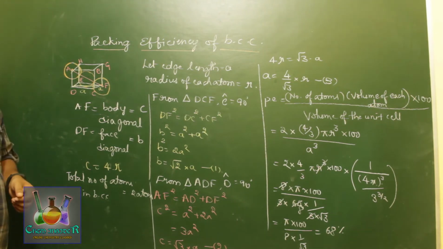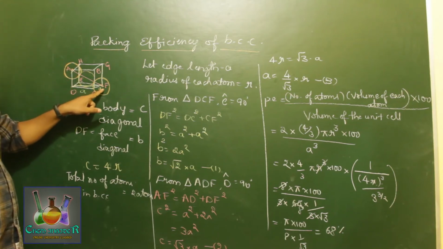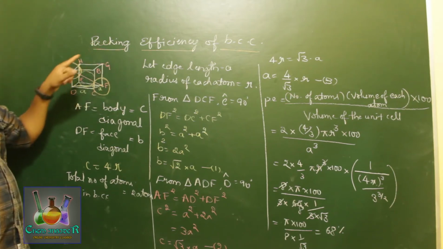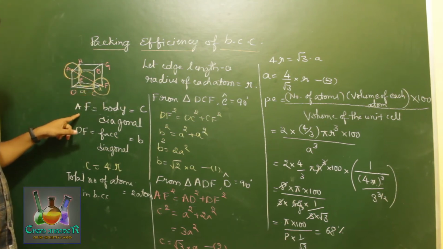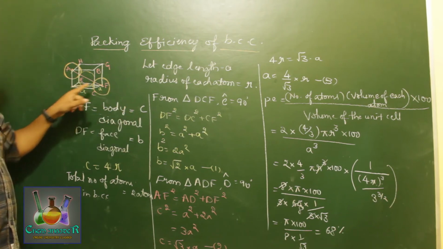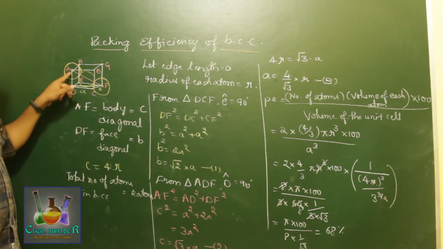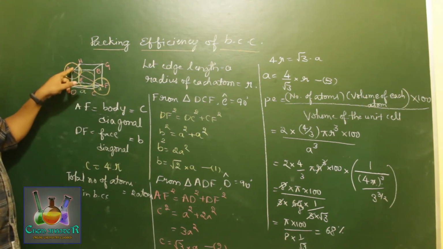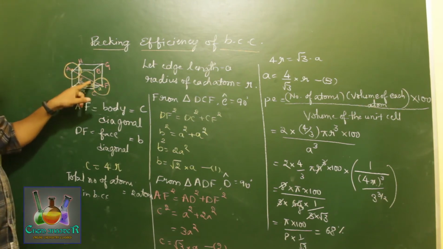So how are we going to do that is, first we will draw the diagram for the unit cell of BCC. Now we are considering 3 atoms present on the body diagonal from A to F. So here we are considering the body diagonal as C, and there will be a face diagonal DF, which is taken as B, and C will be equal to 4R, that is 1R from the half atom, the other R from the other atom, and a diameter of 2R.